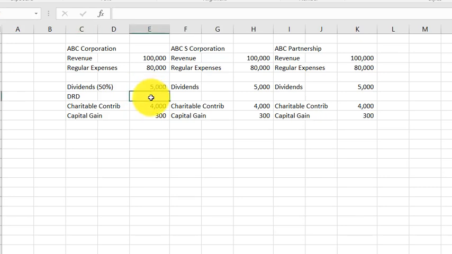So when calculating the income for this C corporation, you always add in the full amount of the dividends, and then you take a dividend received deduction separate from your regular expenses and other deductions. And when you own 50%, that is 65%.